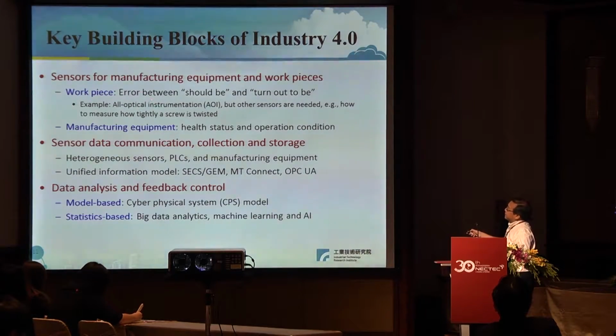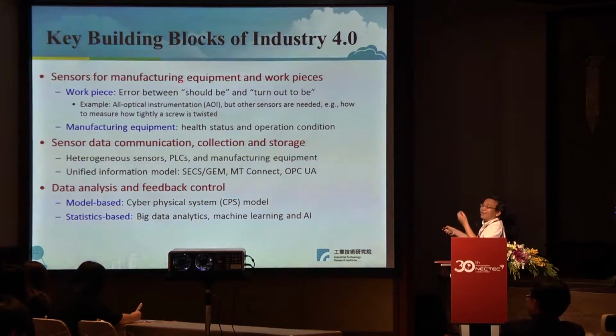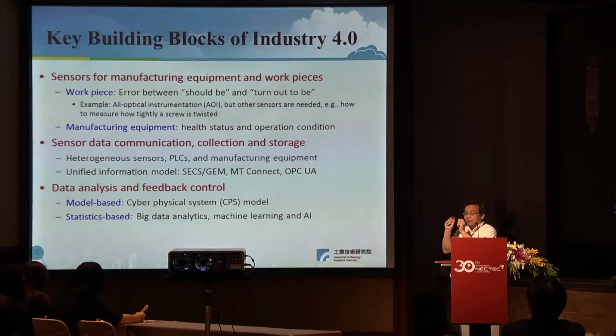For work pieces, we already have some idea that if it's a perfect manufacturing process, it should be like that. But in fact, it isn't like that. So we want to know the difference between what should be and what turns out to be. That's the error, or the imperfection between the ideal and the practice. And for manufacturing process equipment, we want to know how healthy it is and its operating condition.